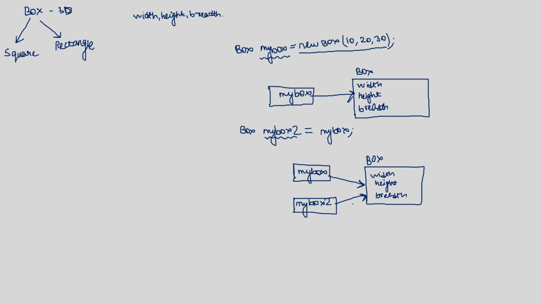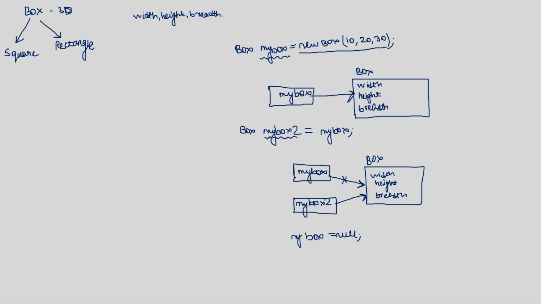This is called assigning object reference variables among each other. So although myBox and myBox2 both refer to the same object, they are not linked in between. There is no linkage between this reference variable and this one. So let's say if I make myBox as null, this link would be set to null.